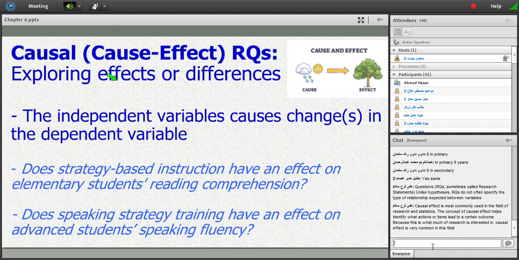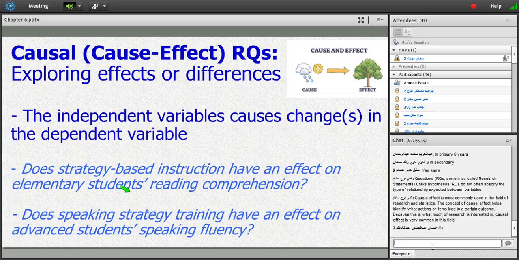Okay, so the first type which explores the effect is like this: the independent variable causes change in the dependent variable. For example, we say, does a strategy-based instruction have an effect on elementary students' reading comprehension? So strategy-based instruction is the independent variable. We want to check whether it causes a change in the elementary students' reading comprehension.